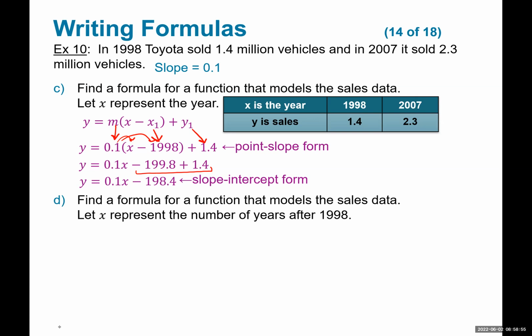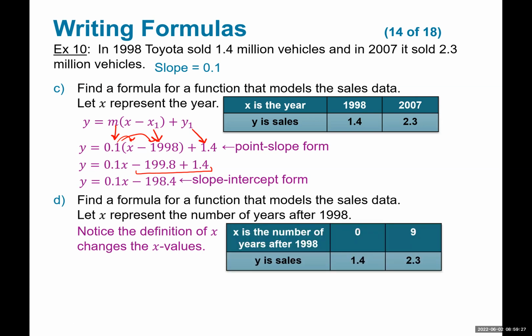Find a formula for a function that models the sales data. Let x represent the number of years after 1998. So we're going to do the same thing, but instead of x just representing years, x represents the number of years after 1998. Now, this part is confusing for a lot of people, but if we're talking about 1998 being the starting year, we're going to look at 1998 as if it is 0.